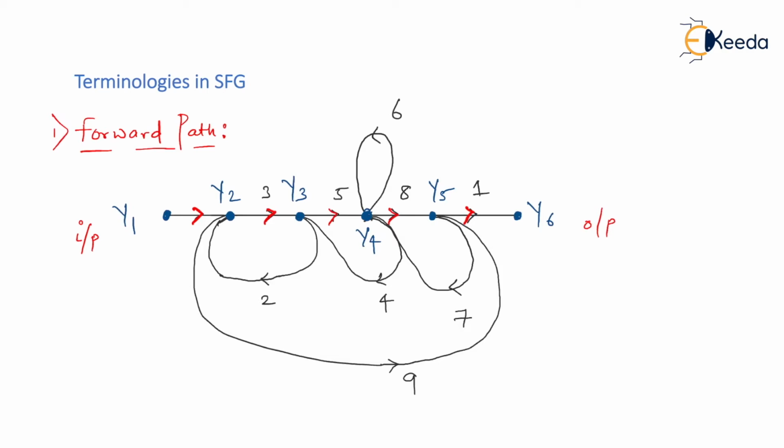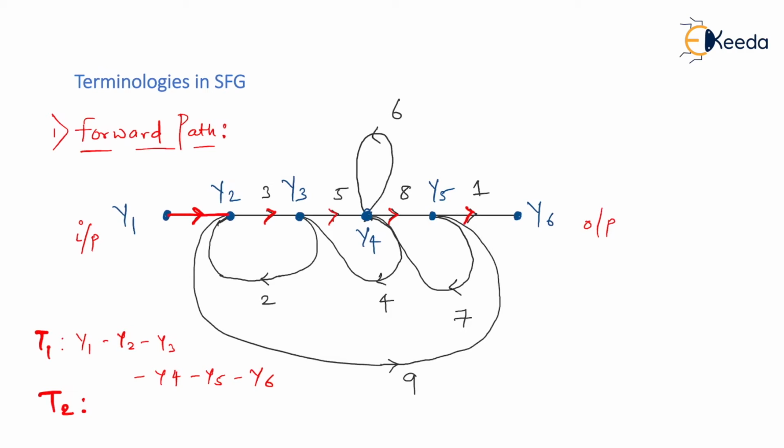So I'll take this forward path number 1. I would treat the first forward path as T1. It goes like this: y1 to y2, then y2 to y3, y3 to y4, y4 to y5, and y5 to y6. Am I right? Look at the second forward path, T2. I can also travel this way.